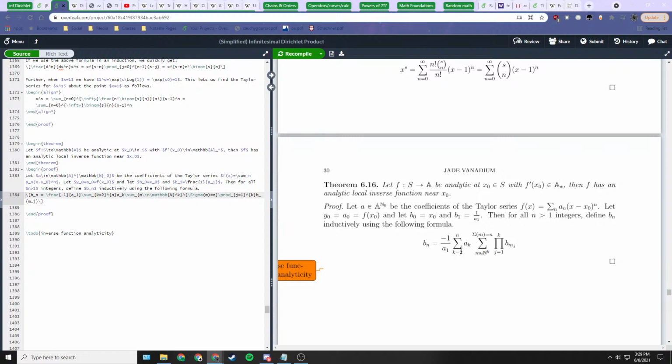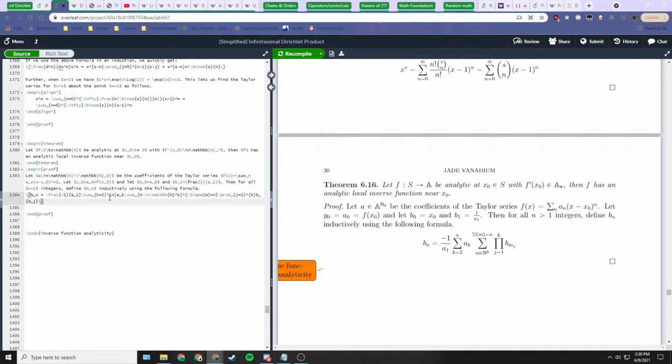But that's invalid, since k starts at 2. Because k is at least 2 and we're summing across this lattice, there are always at least 2 elements in this m vector, the sum is n, and they're all positive. So none of them can be n. So this would constitute an inductive definition.